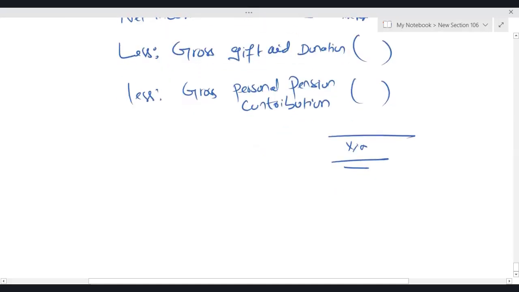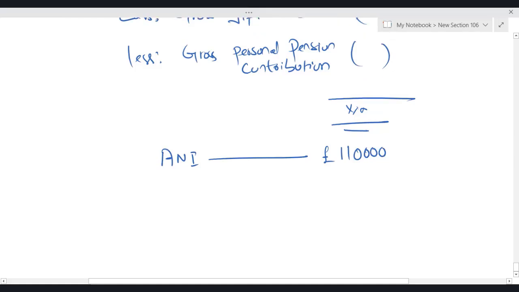Now, if this ANI exceeds 100,000, then your personal allowance starts reducing. For example, assuming adjusted net income is, let's say, 110,000, then how much personal allowance will the individual get?